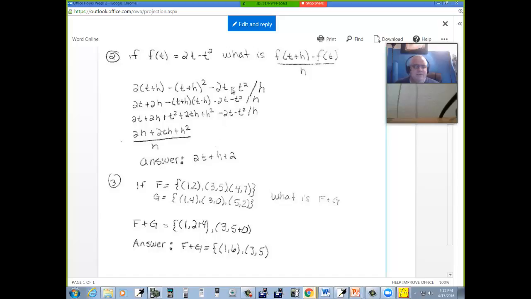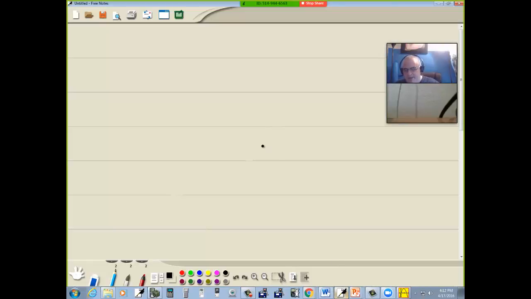Yeah, this negative is wrong here. No, let me go over and show you, and then we'll flip back and you can see the difference.